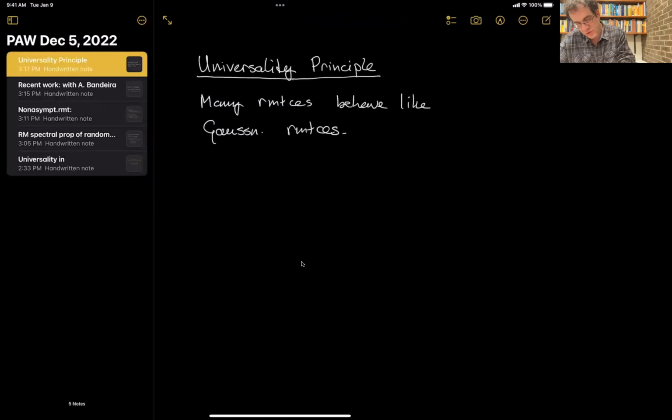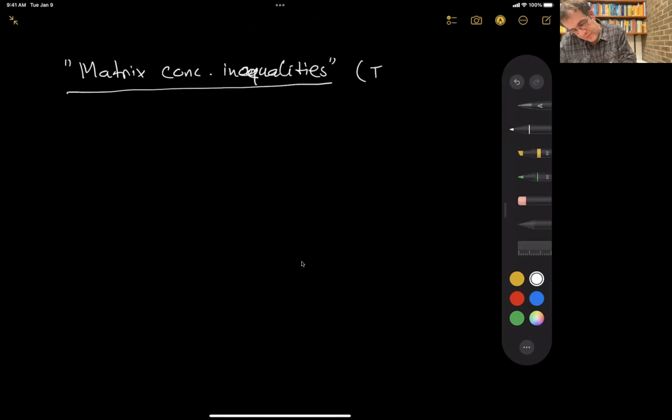These generalizations go under the name of matrix concentration inequalities, and they were heavily popularized by Joel Tropp, who developed many results in this direction. Early results on this were also by Oliveira, and many people have worked on these kinds of results.